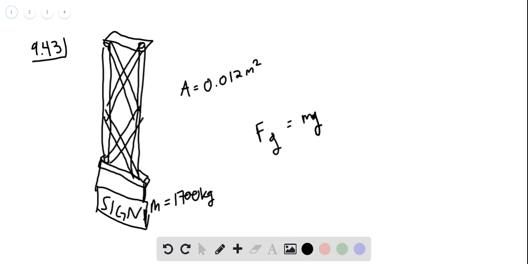And finally, to find out how much the girder is lengthened, we want to look at the total change in length, which is equal to the strain multiplied by the initial length of the object that's being lengthened.